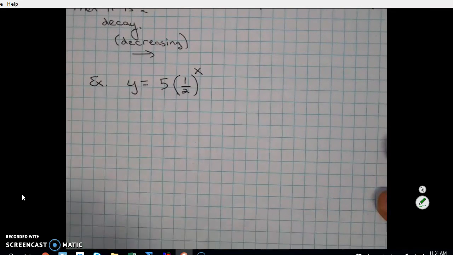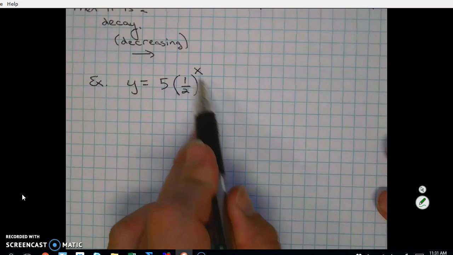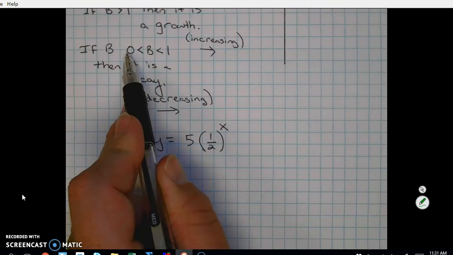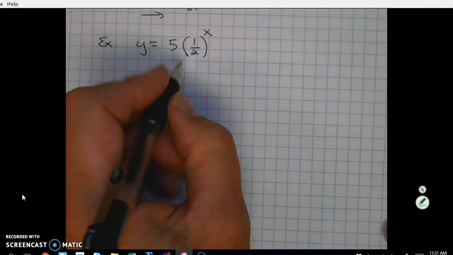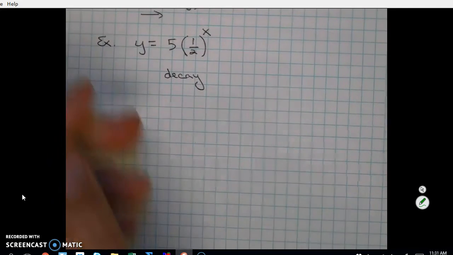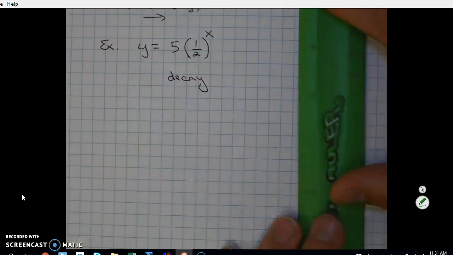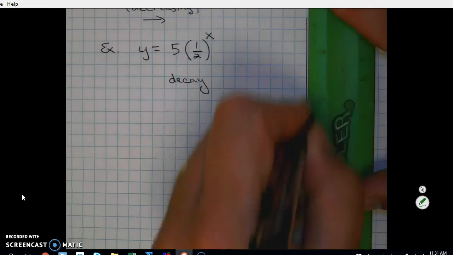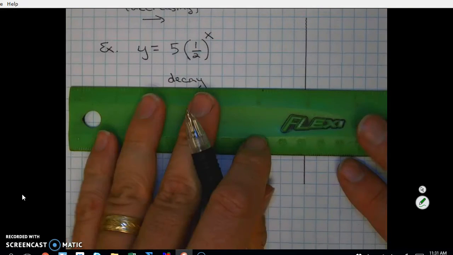Okay, so notice we go straight to the b value. It's between 0 and 1, and so we have a decay. So let's graph it real quick here. Notice I'm not using a calculator, don't need to. Have a brain.